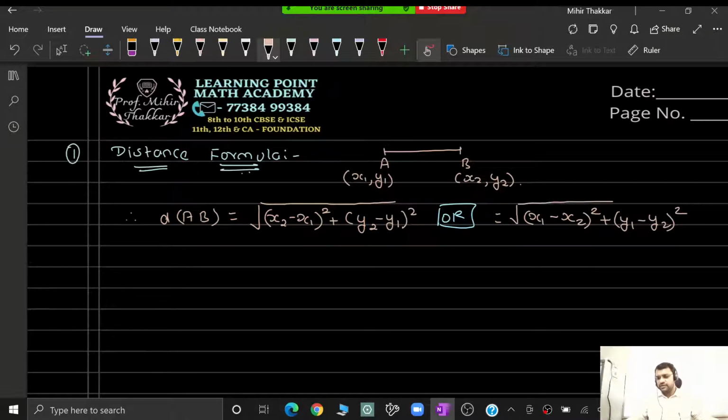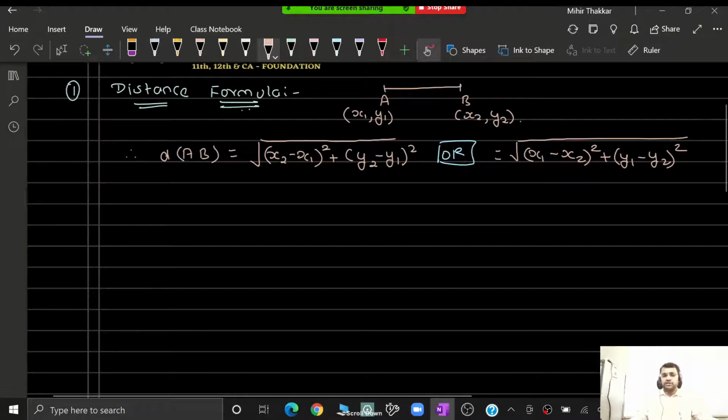Whichever way you write, it is completely correct. It is not at all wrong, because ultimately it will become a square only. So positive होगा या negative होगा, that won't affect at all.